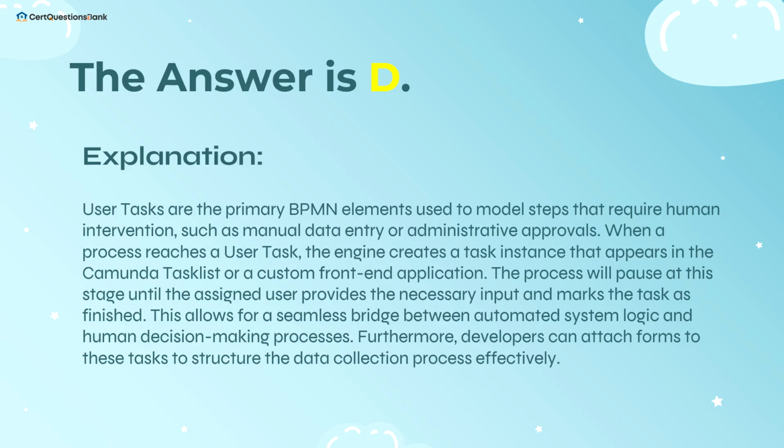The process will pause at this stage until the assigned user provides the necessary input and marks the task as finished. This allows for a seamless bridge between automated system logic and human decision-making processes. Furthermore, developers can attach forms to these tasks to structure the data collection process effectively.